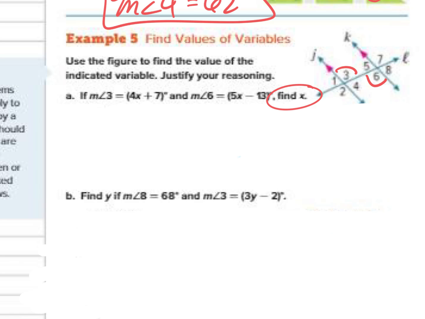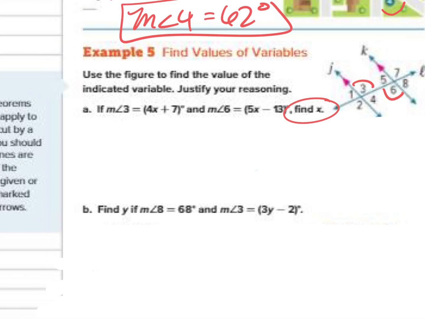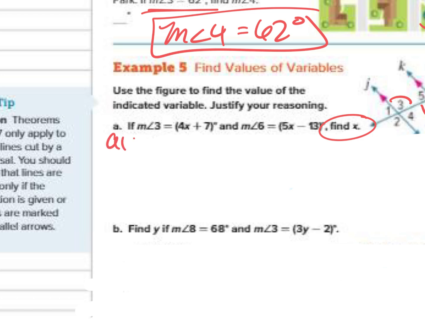Now, you could go back to your list of the different types of angles and figure out what type they are, and then figure out those angle special properties. Or you could think to yourself, what type of angles do I have? Do I have acutes or obtuses? And use that trick that I showed you. Angle 3 and angle 6 are alternate interior angles, and alternate interior angles are always going to be equal.